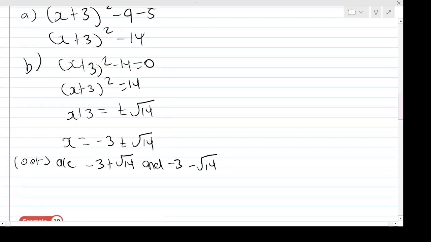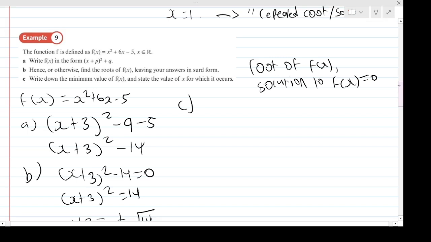We looked at this briefly at the end of the last section on completing the square. Let's rewrite what we have: x plus 3 squared minus 14. When you have it in completed square form, it can tell you what the minimum value of the expression is, because this is a square number.